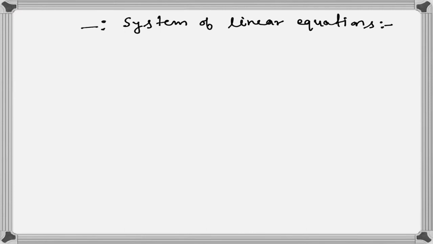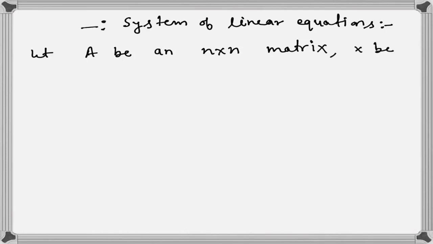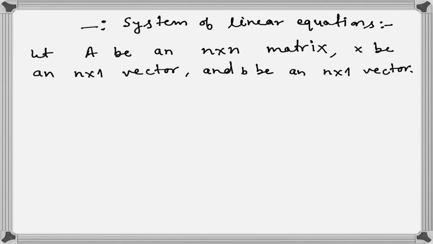So let A be an n cross n matrix, X be an n cross 1 vector, and B be an n cross 1 vector. Okay.